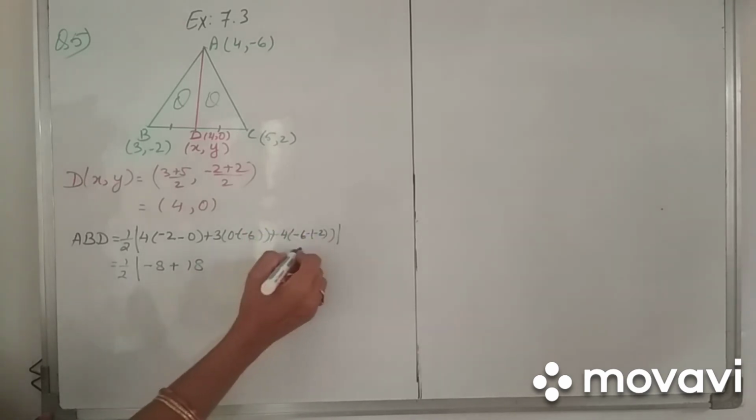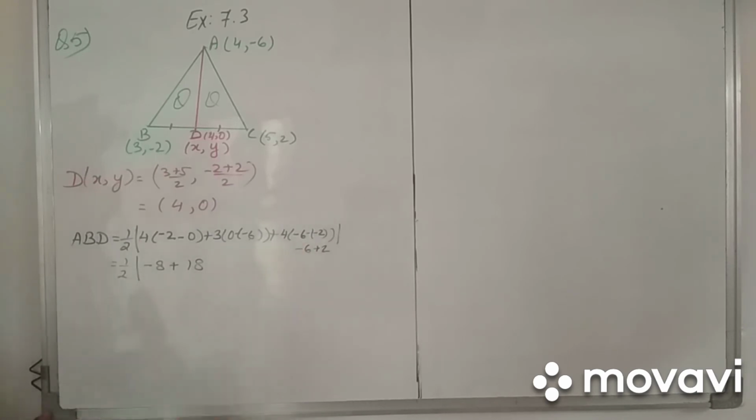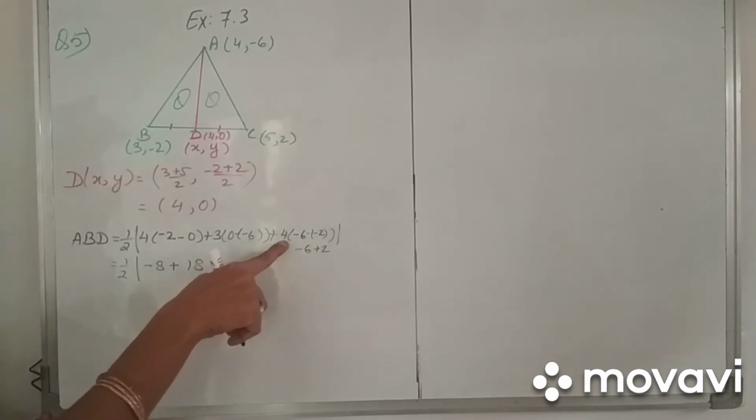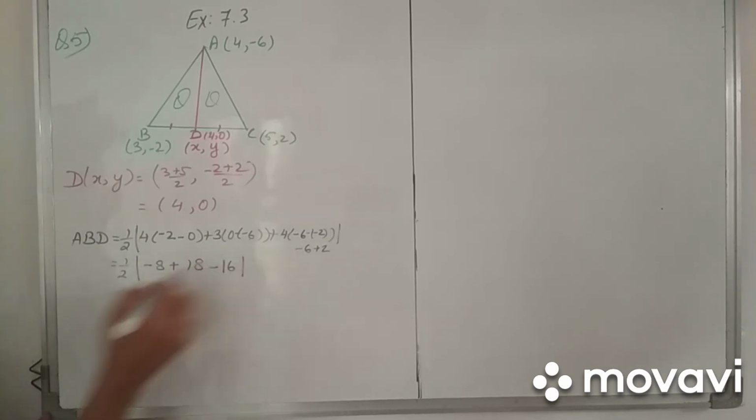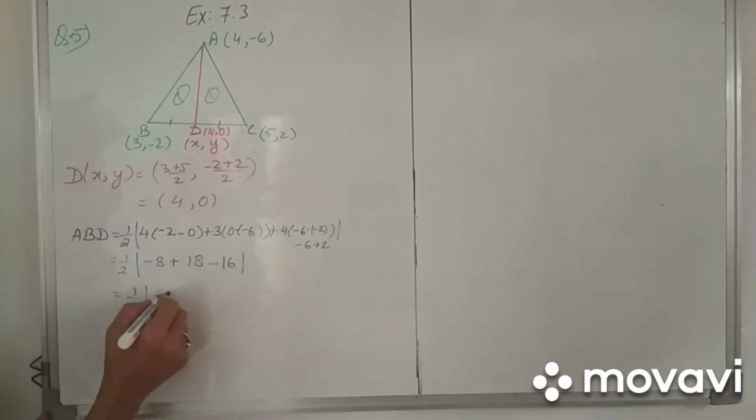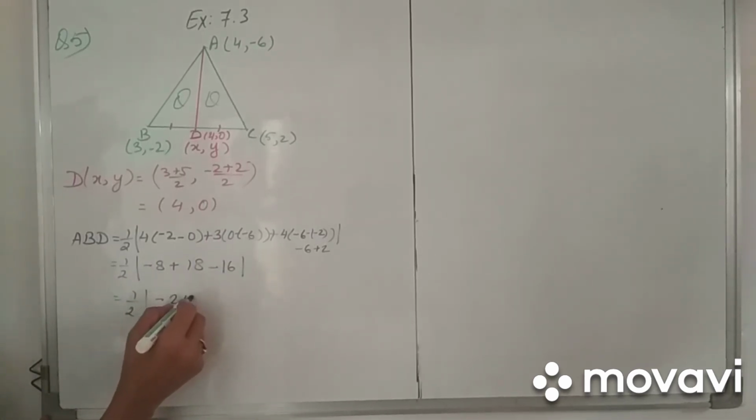Now here minus 6 minus minus plus 2. On simplifying we will get minus 4. Minus 4 multiplied by 4 is minus 16. Now simplify it, so this will give me minus 24 plus 18.